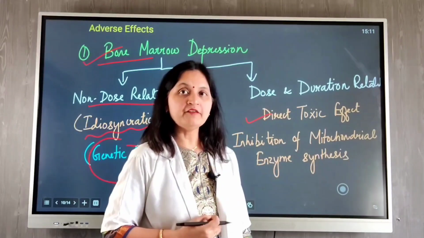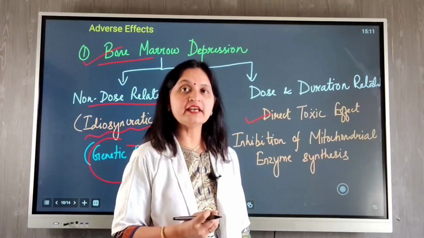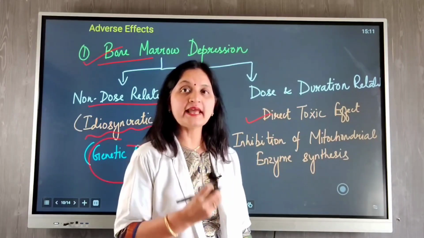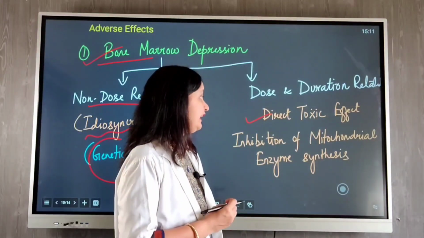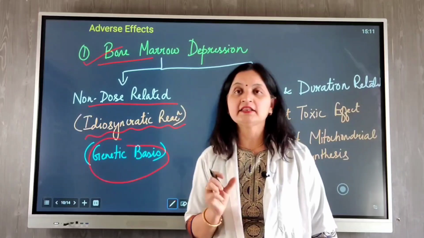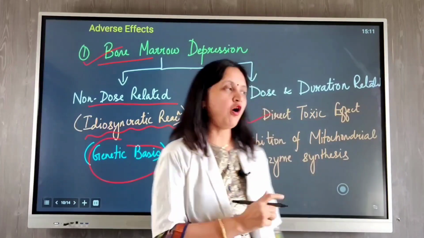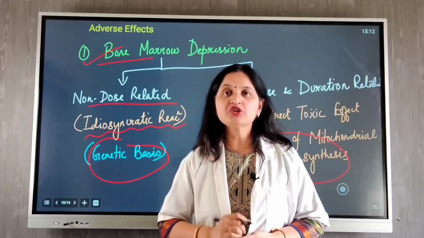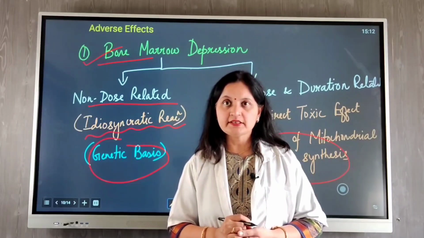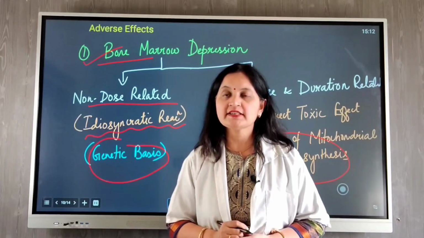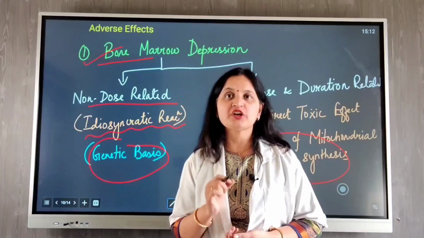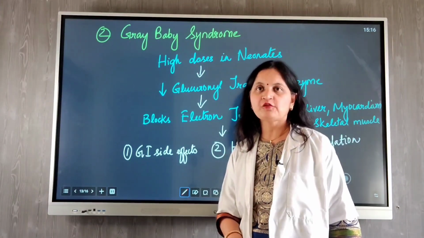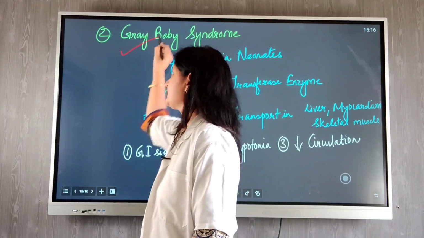These are manifestations of the direct toxic effect of high doses or prolonged therapy with chloramphenicol, and this is due to inhibition of mitochondrial enzyme synthesis. Due to this inhibition, blood cell formation is inhibited, and this leads to suppression of bone marrow.